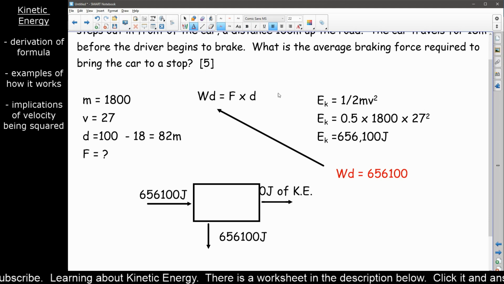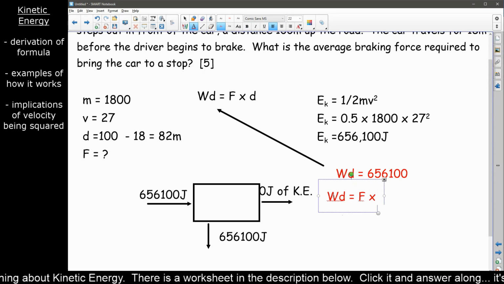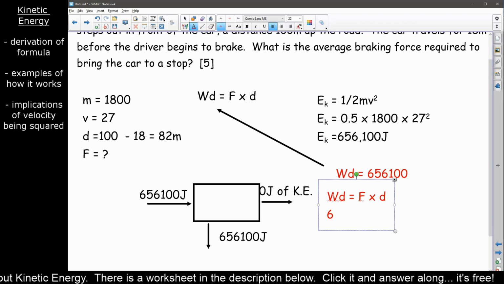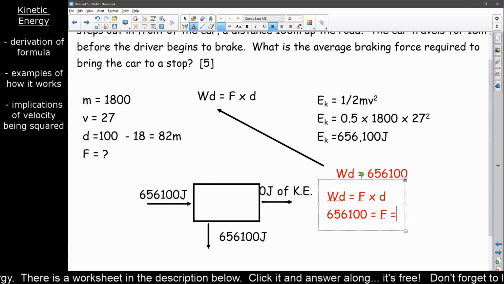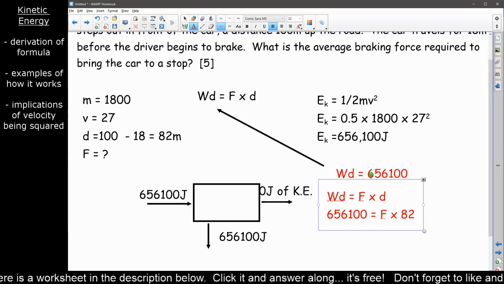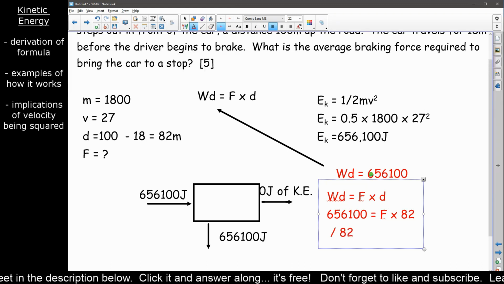And finally, we have enough to finish this equation here. We'll do it in red because we're starting to get a bit of a mucky screen. So work done equals force times distance. 656,100 equals the force which we're trying to find multiplied by the distance we have in order to stop, which was 82. Divide both sides by 82.